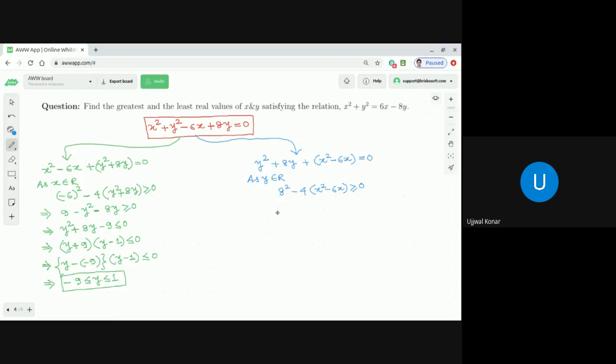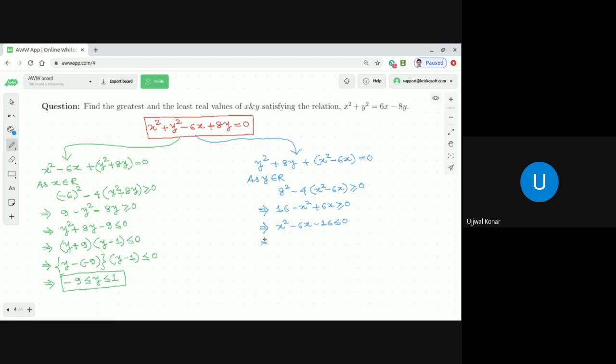So from here what we get, dear students? 16 minus x square plus 6x is greater than or equal to 0. Correct, no? So this implies, it is better to make the coefficient of x square positive. So we multiply both sides by minus 1, and hence we get x square minus 6x minus 16 is less than or equal to 0.